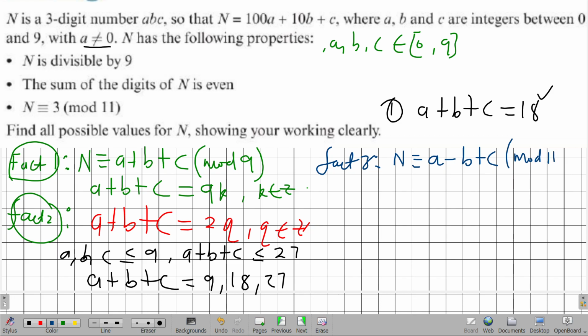So that's what we have here. So knowing the set values of a, b, and c, it means a minus b plus c can occupy certain values. One could be 3 itself, because n is congruent to 3 under mod 11, so it can be 3.